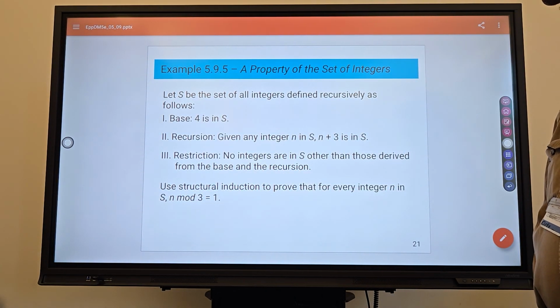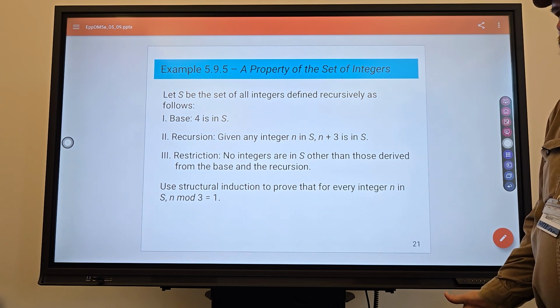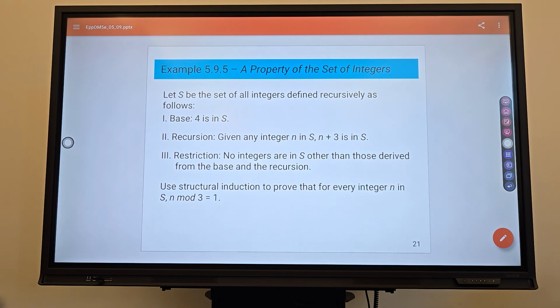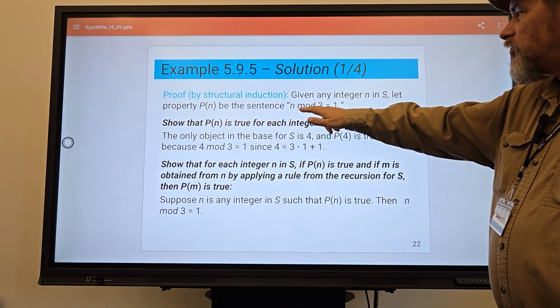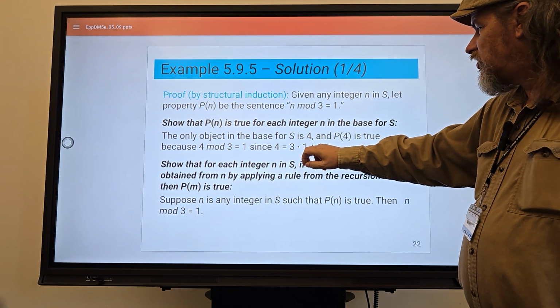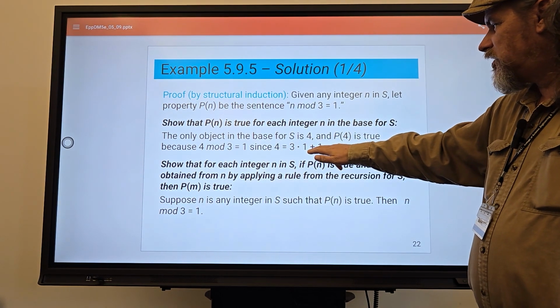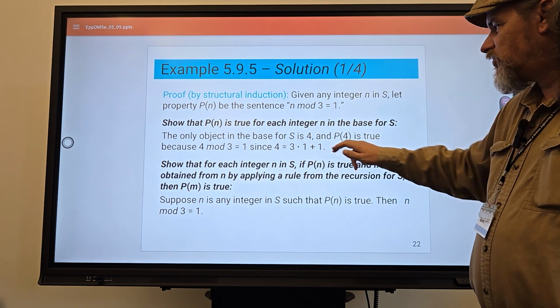No, it's not true. Now there's a typo going on here. I'm not sure where, because it goes into this proof where it says P(4) is true because 4 is 3 times 1 plus 1.